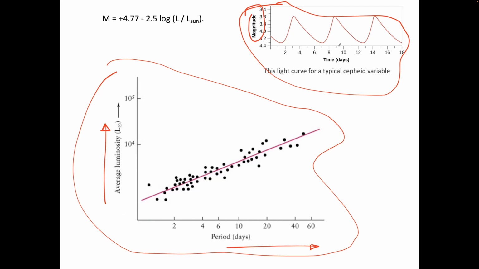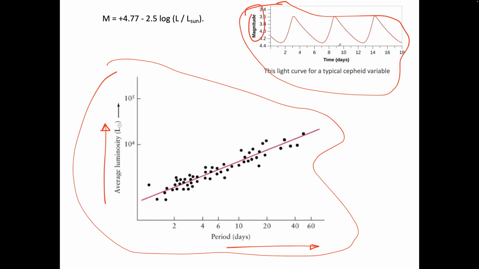Once you know this relationship, if you find a Cepheid star at a certain location, you can use it. Let's say the problem we had was how to measure the distance to this nebula.